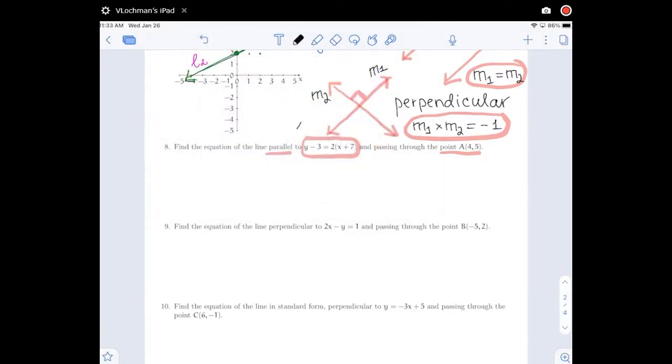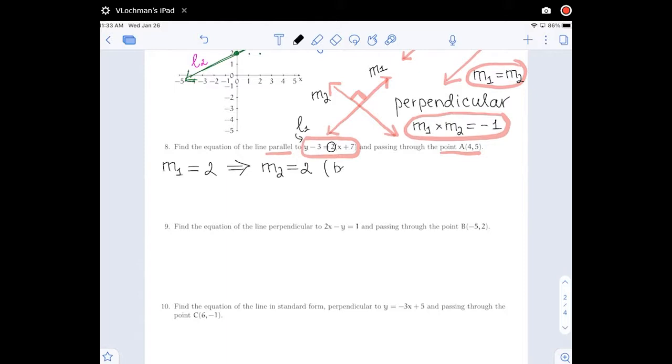Okay, let's call this line L1. So the slope of L1, can somebody tell me what that slope is? Just by looking at that equation. What is the slope of the line? 2. Okay, good. So that's from here, that's our slope, which means the slope of our line that we want, let's call it M2, is also 2.